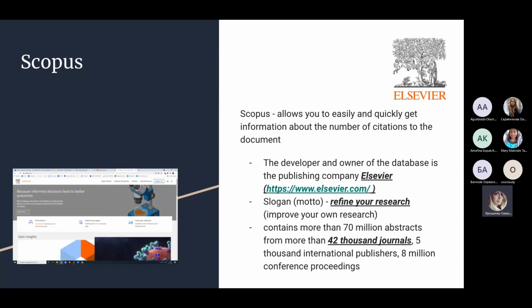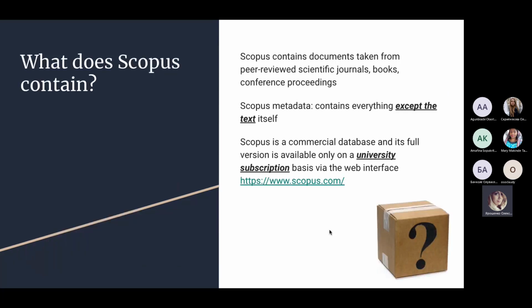Scopus contains more than 70 million abstracts from more than 32,000 journals, 5,000 international publishers, 8 million conference proceedings. So you have a big list of journals to search for and to select from. What does Scopus contain?